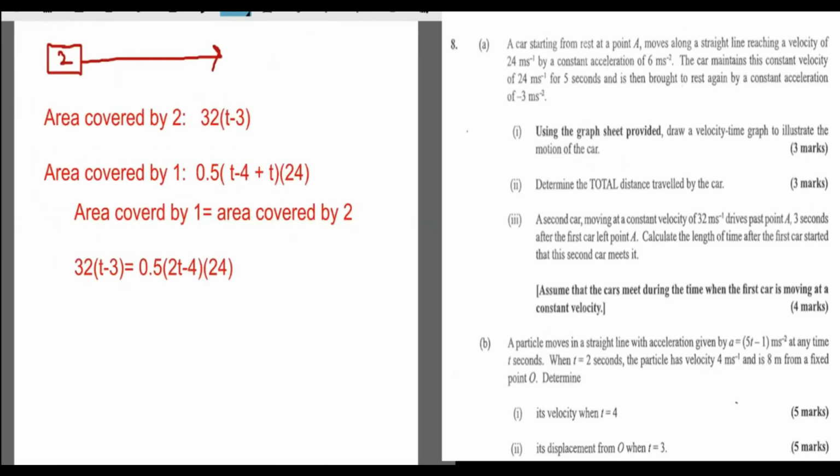So let's go ahead and simplify this now and work this out.